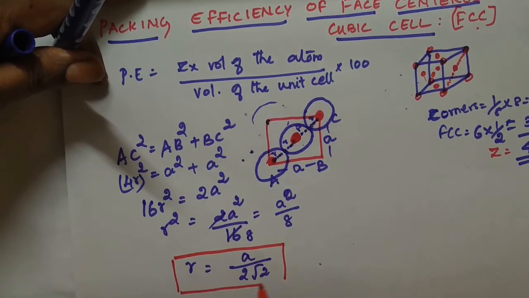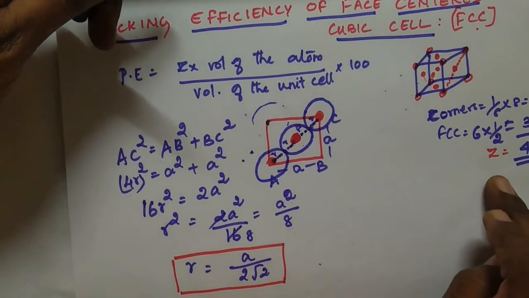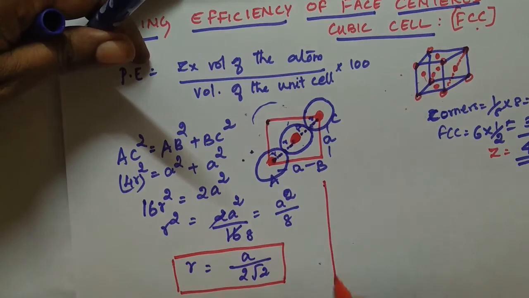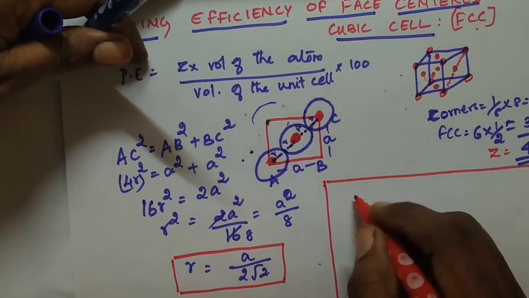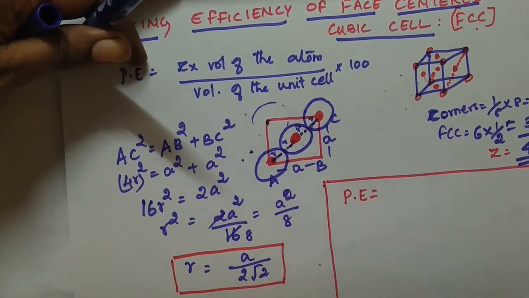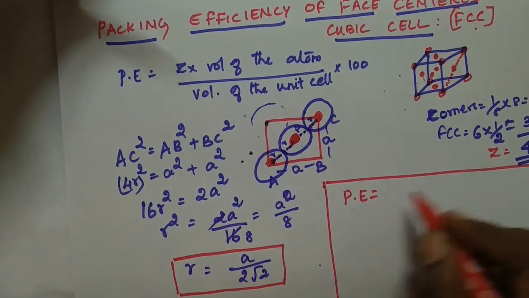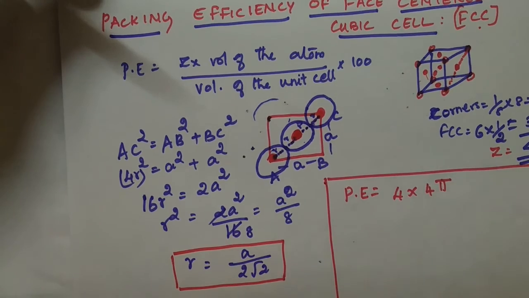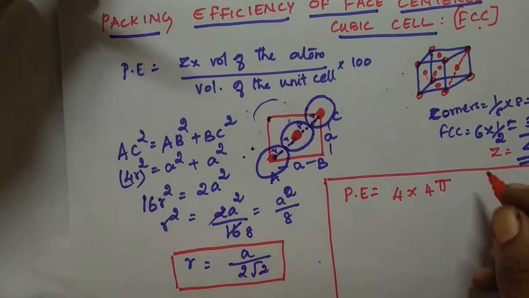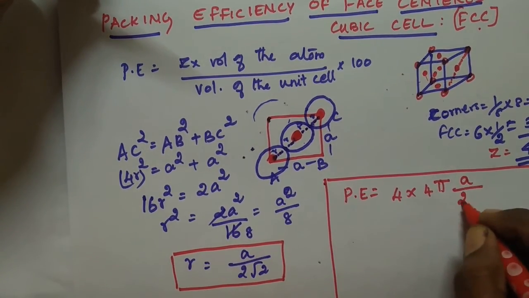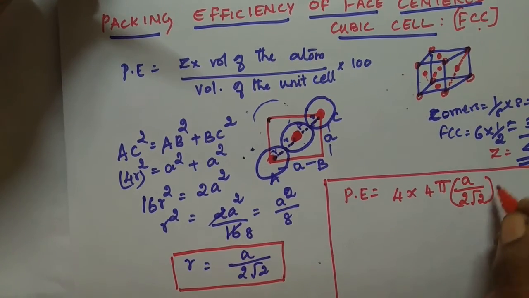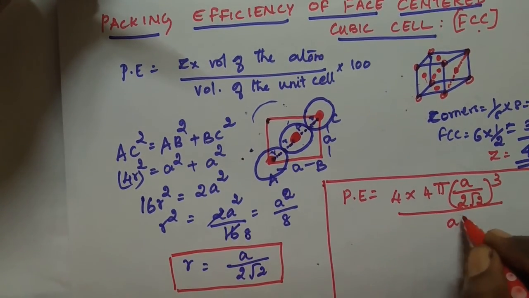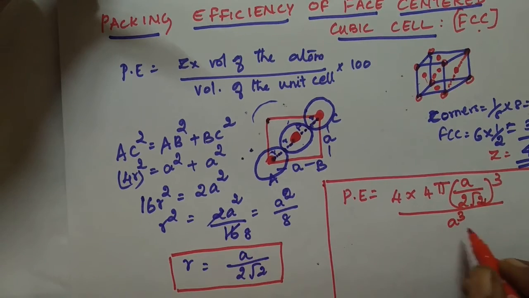I know the value of R here. I know the value of Z. Now I can find out the packing efficiency for FCC. So I write that packing efficiency is equal to Z, that is 4, into 4 by 3 pi R cube, isn't it? R value I know, that is A by 2 root 2, the whole cube, divided by A cube, because the volume of the cube is A cube, into 100.